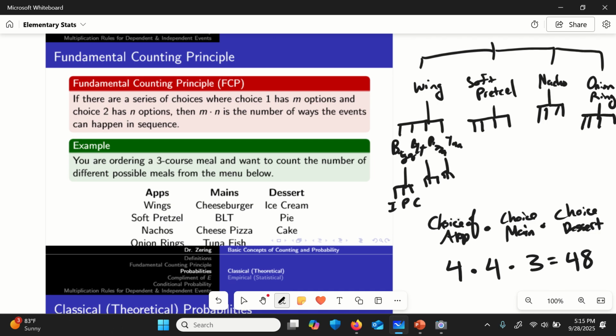And when you multiply those together, there are 48 different meals that could be chosen from this menu. I think that this example illustrates well how we can total up and count up all the ways our outcomes could be, how many different outcomes there are. So there's 48 different outcomes in this sample space, where with the blood type, we only had 8 different outcomes.